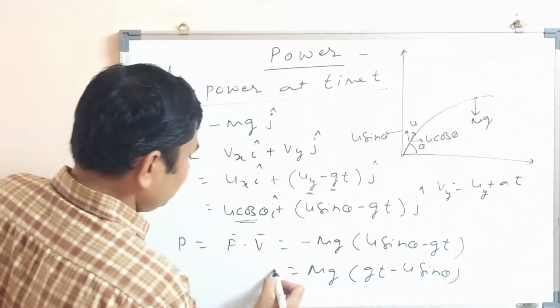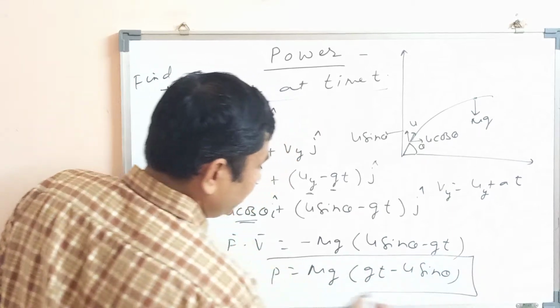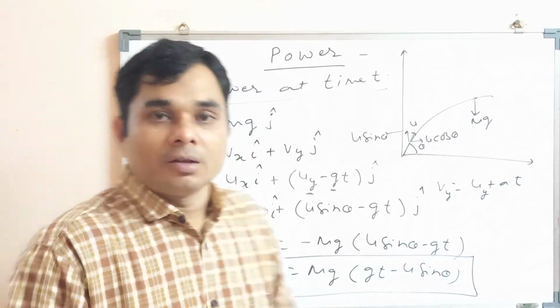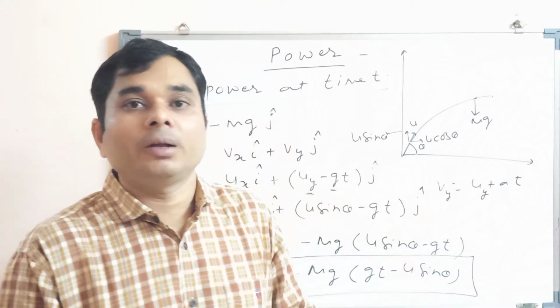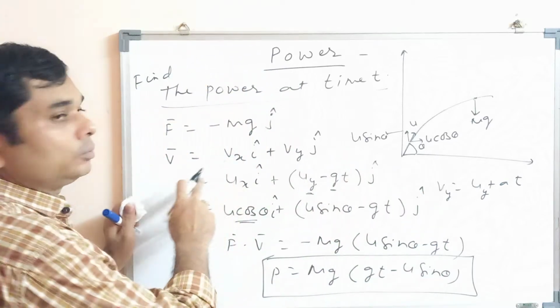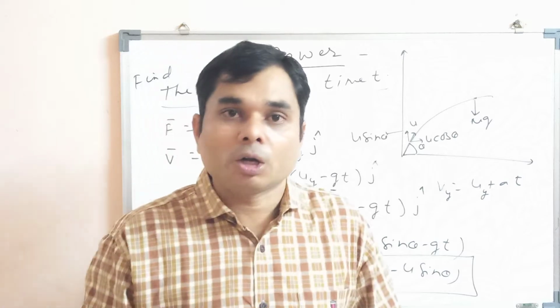So this is the power at time t. Okay, so this is how we have to use that formula, that is P is equal to F vector dot v vector.